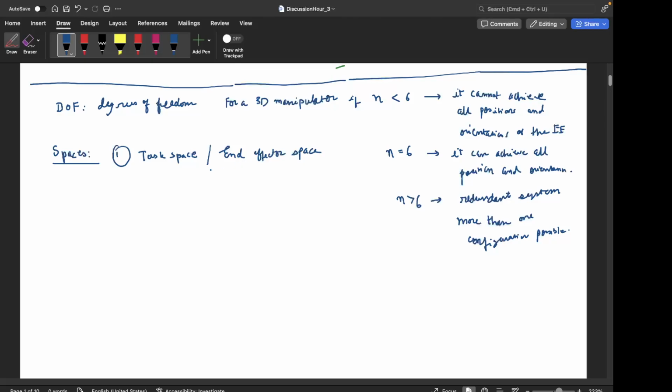This is the space of the position and orientation of the end effector.